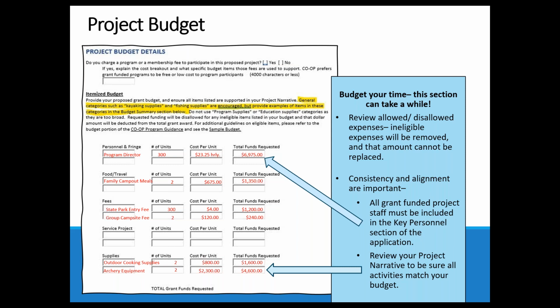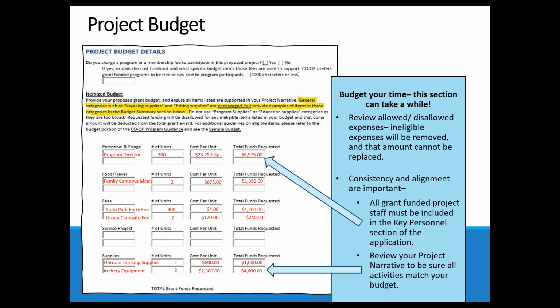We can also pay for different fees and liability insurance. Just keep in mind you can't pay fees directly to yourself, and liability insurance would only be on participant liability insurance and not something like your property insurance or vehicle insurance.